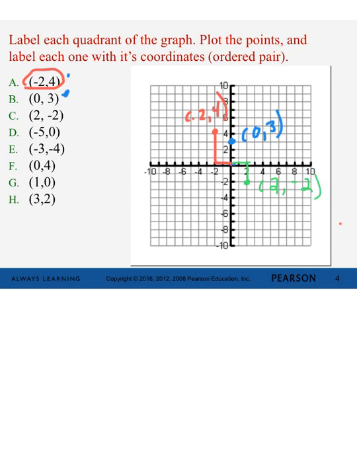And then similarly, we're going to see that the point -5, 0 is here.